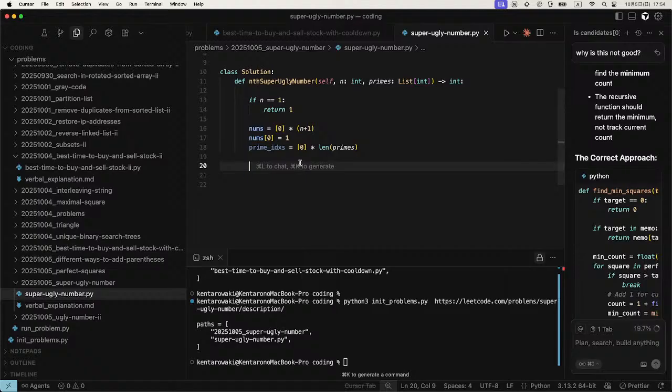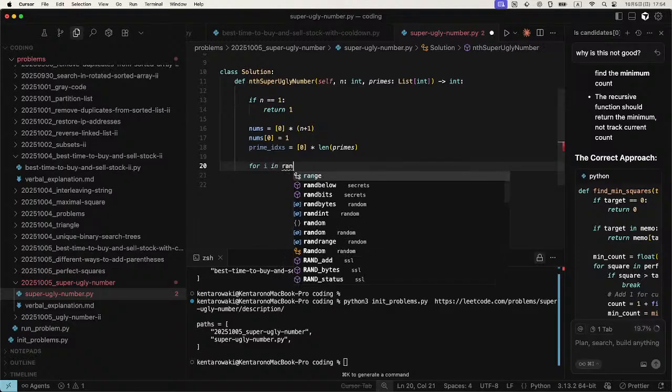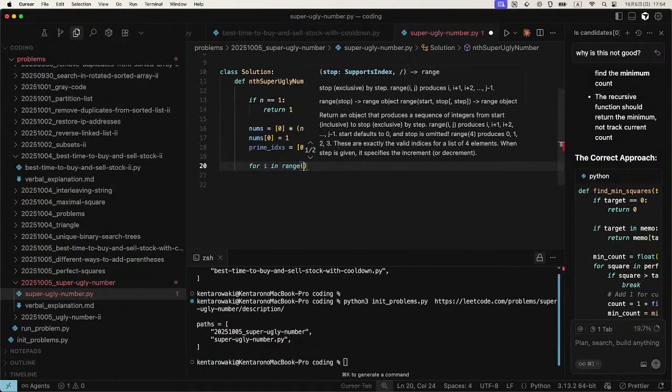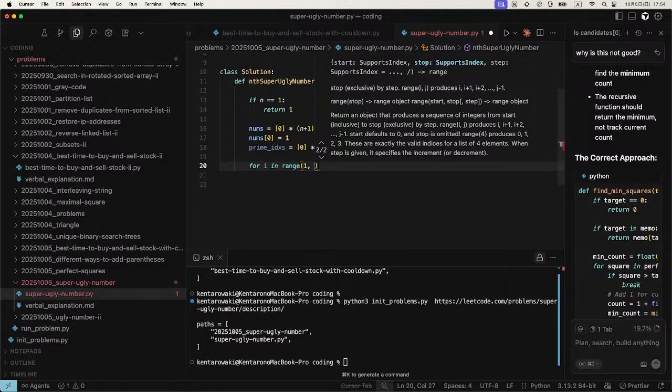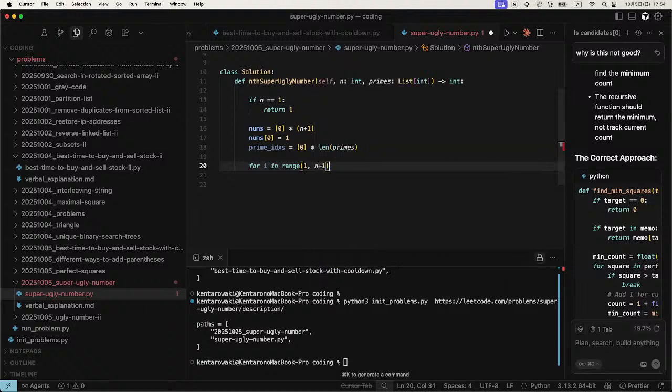Right now we are going to update the super ugly numbers. We have candidates.